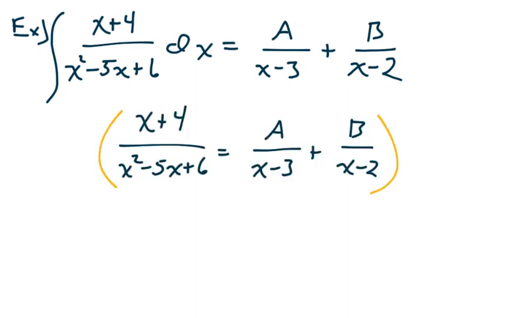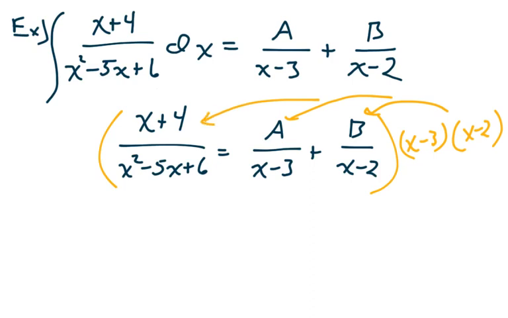Now, the LCD is going to be simple because it's just going to be both denominators, but still we're going to multiply the entire equation by that common denominator. Now, when you multiply, remember that you multiply the numerators, and also we're going to get a lot of cancellation. In fact, the first cancellation is that the denominator is going to completely cancel with this LCD. That's going to leave us with just x plus 4.